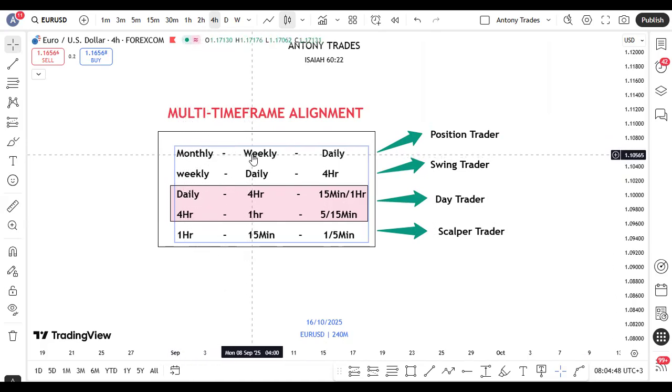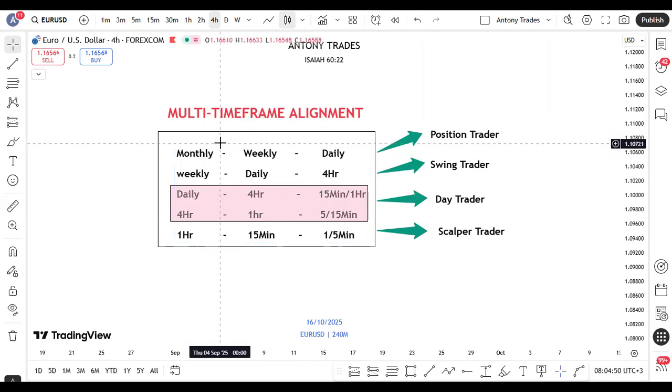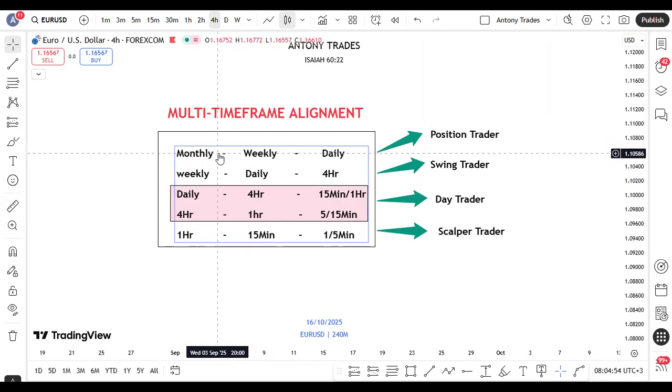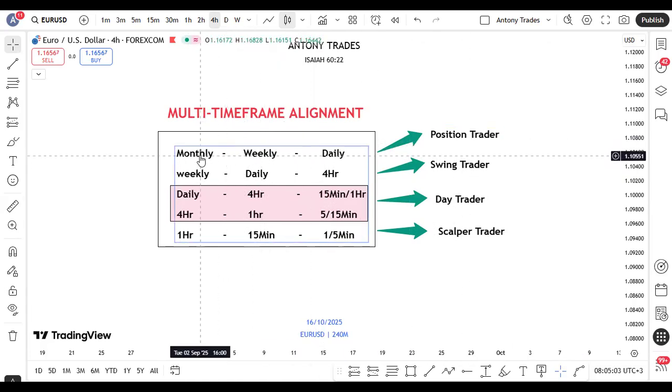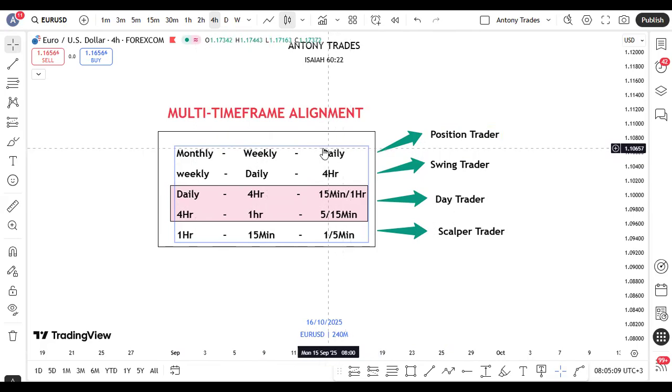Then they shift to, and kindly make sure you emphasize this time frame that I'm talking about, if you are a position trader, you start your analysis from the monthly time frame. Then you go to the weekly time frame to refine your analysis. Then this is where you do your execution, guys. You execute your trade on a daily time frame.